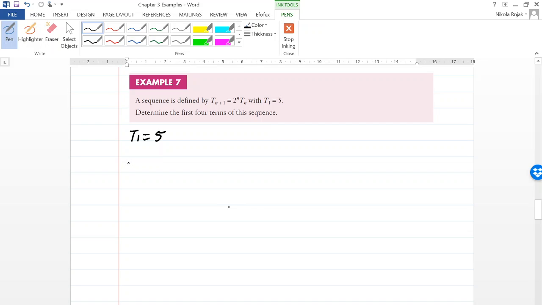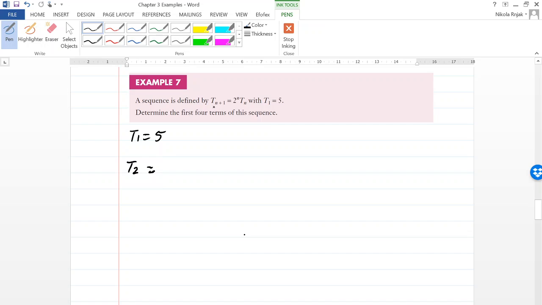For term 2, the next term, which in our case is term 2, that's the next term that we're figuring out, is equal to 2 to the power of the current term number.